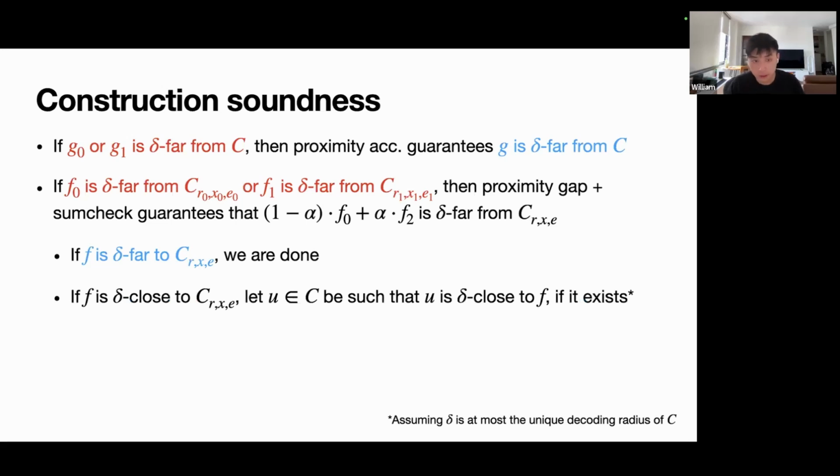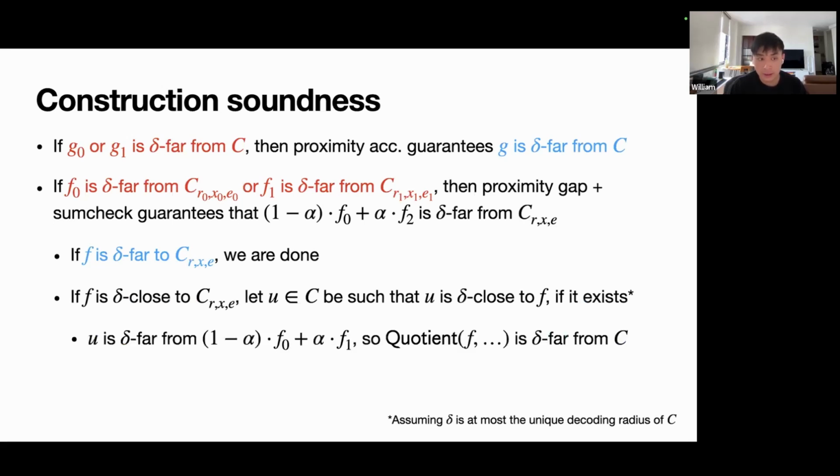In this case, letting u be the code word which is uniquely delta close to f, we can observe that u is actually a member of this subcode. And since the random combination is delta far from the subcode, we know that u must be delta far from this random combination. And now we can just use the fact that the quotient in this case must be delta far from the code. And therefore the proximity accumulation guarantees that G will be delta far from the code.